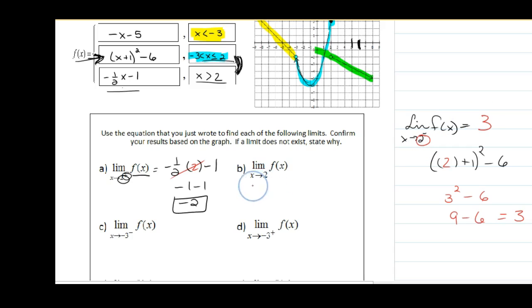So what is my two-sided limit? Well, my left limit is 3. My right limit is -2. For my two-sided limit to exist, my left limit must equal my right limit, and must equal a real number.